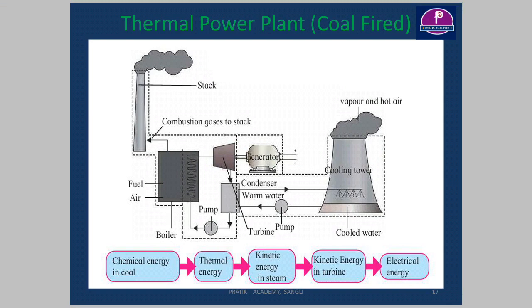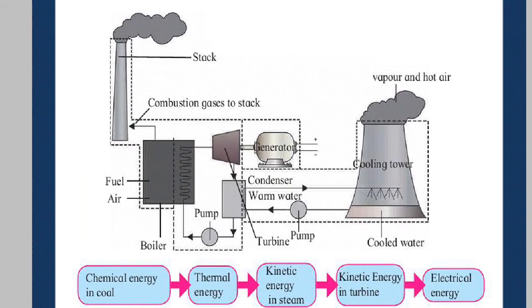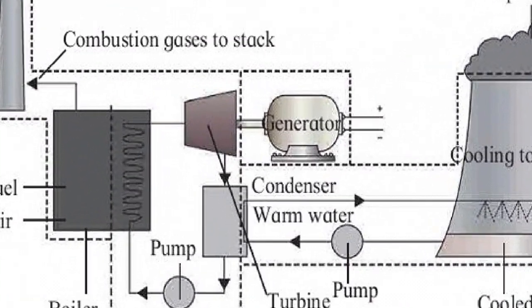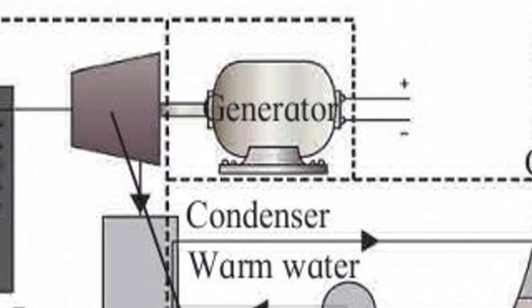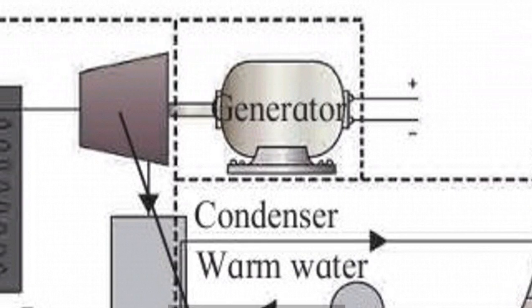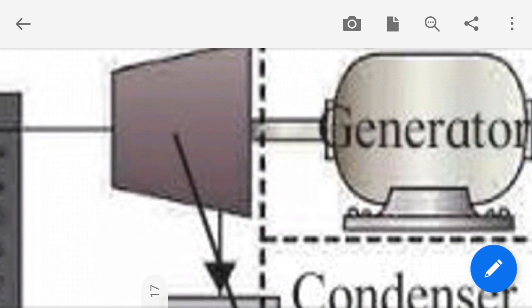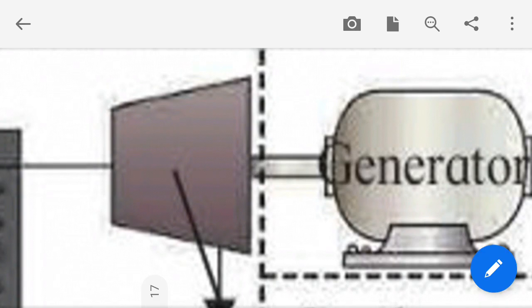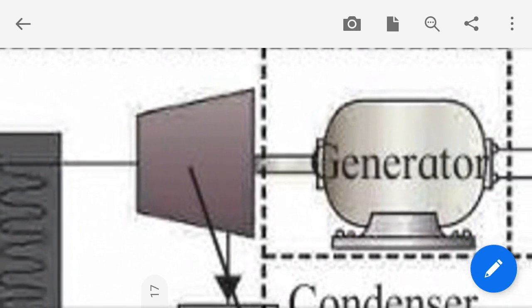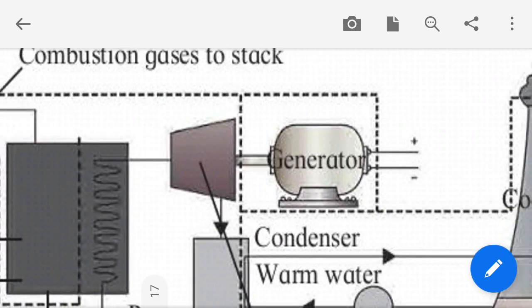Let's see what the major components are here. First, this component, generator. What is the function of the generator? The generator generates electricity. Then this component is the turbine. The turbine drives the generator. These two we discussed in the last video.